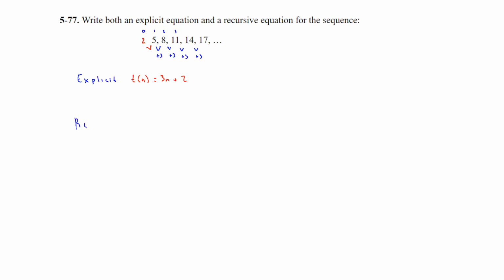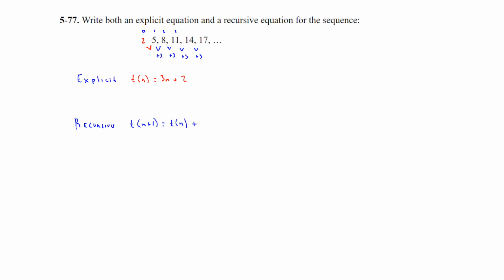Now we'll do the recursive. With the recursive, remember, we're now looking at how we write the next term using the previous term. So with recursive, we're going to say T of n plus 1, which means the next term, equals the previous term, and then what are we doing?